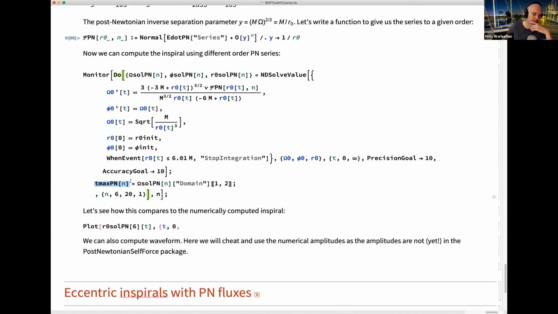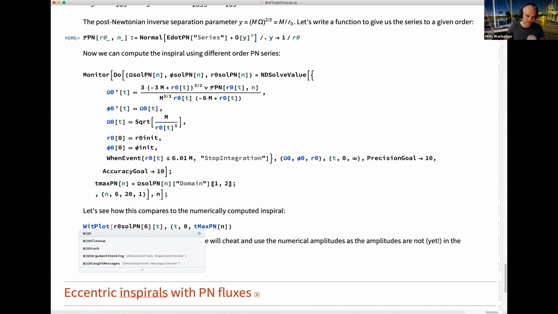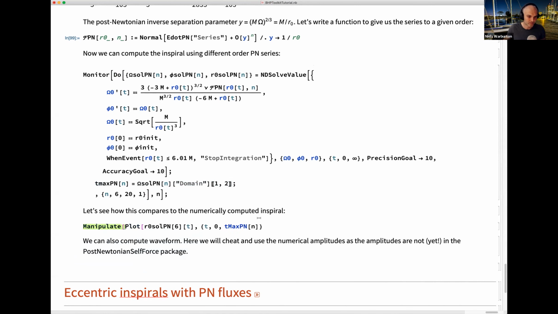So I'll put in a t max PN in here, which just reads off the maximum time associated with the solution. So from 0 to t max PN n. And again, we can manipulate this, varying n from 6 to 20 in steps of 1.